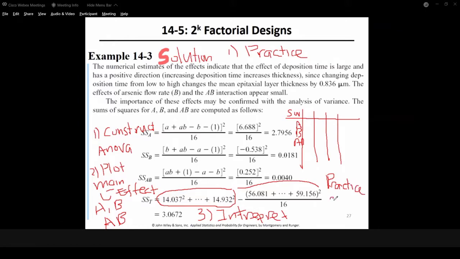Practice the calculation of SST. Make sure you get this value, 3.0672. If you don't get it, you must practice over and over until you get this. Don't try to practice during the test.